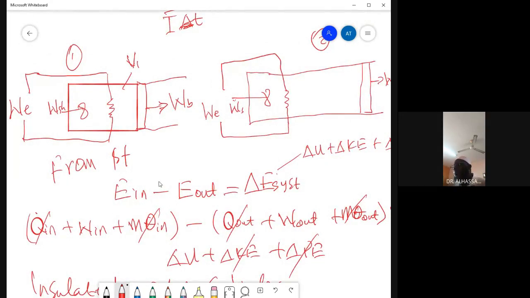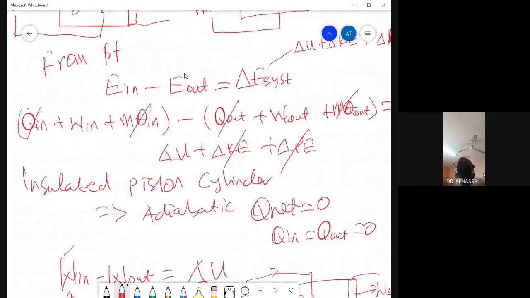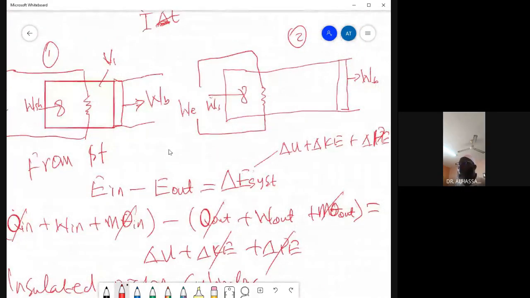let me explain that for you. Initially, let me change the color. Initially, in this device, we have all liquid. So this is saturated liquid, the initial state.